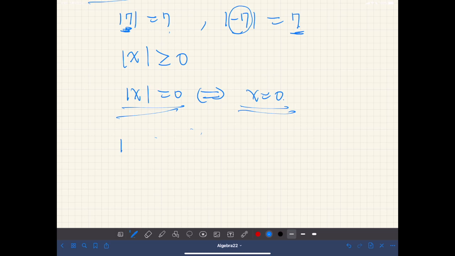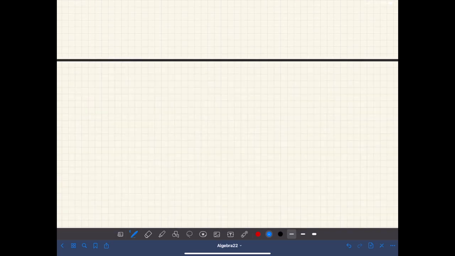And also, if the modulus of x is equal to the modulus of y, this means x is plus minus y, or y is plus minus x, same thing. So these are the basic properties of modulus or absolute values. Now let's introduce a more general version of the division algorithm. So that's a theorem.